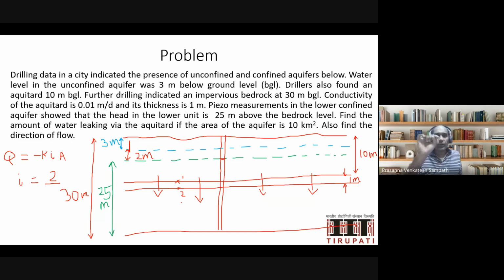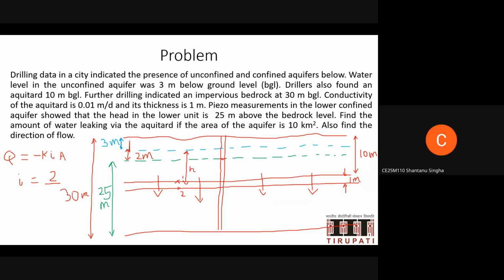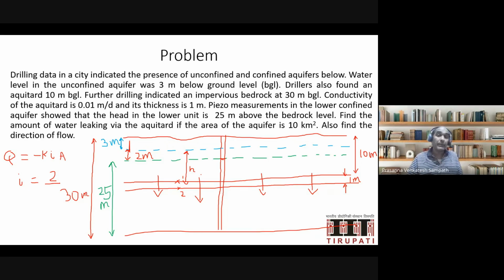The pressure at point 1 will be atmospheric pressure plus rho g h, if this is h. If we take gauge pressure, then only rho g h, but it's better to take atmospheric pressure because that will help in this particular problem.